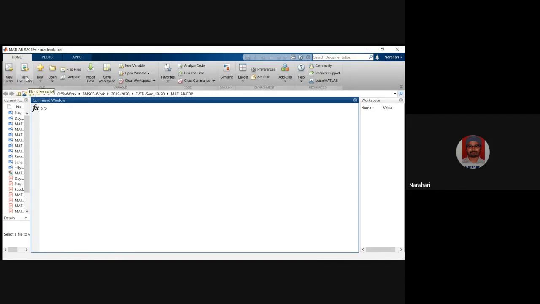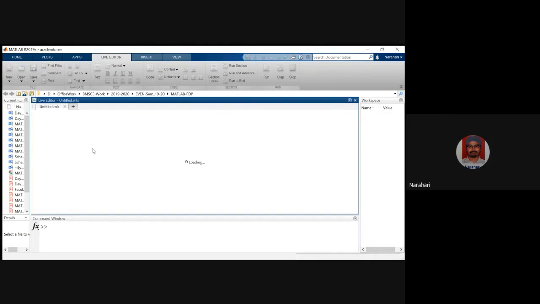I now introduce one other concept called live script. It's a very interesting way MATLAB shows you things. This is a thing wherein we can include content having some text and graphic part of it.